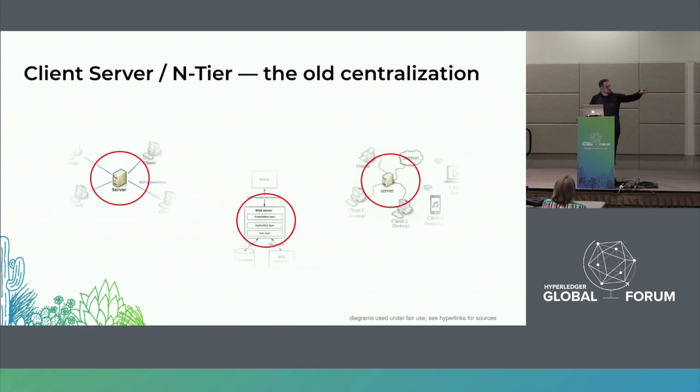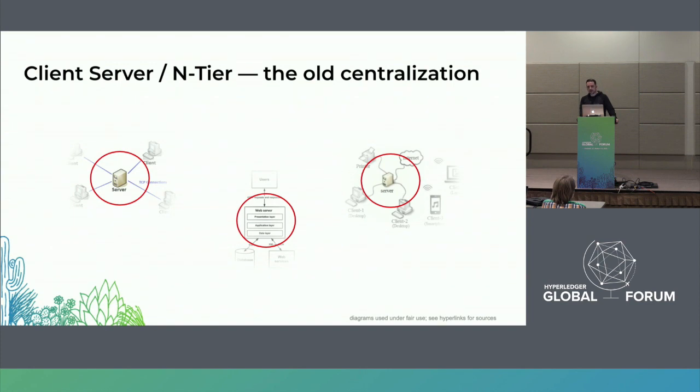So these are just three architecture diagrams that I went and lifted off the internet. I just Googled client server, grabbed the photos, and circled the fact that all of these architectures had in common the fact that you had this magical thing in the middle that was a server that did all kinds of cool stuff for you. Okay?